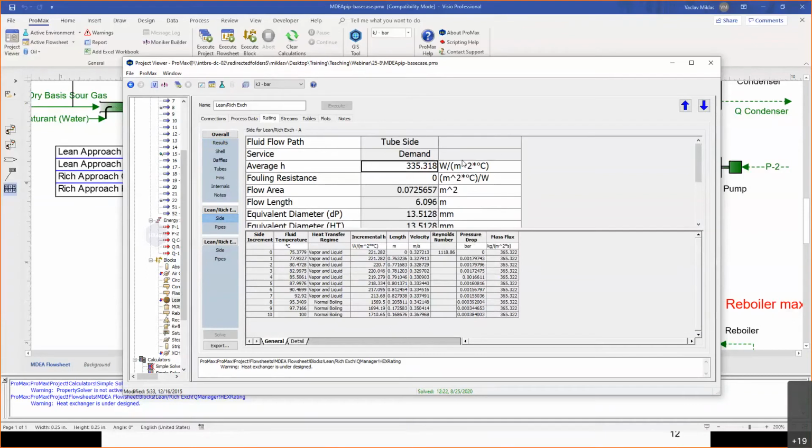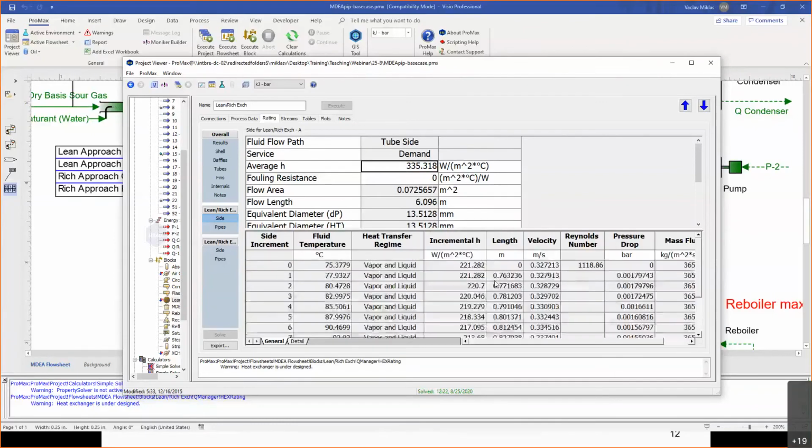So this is the limiting side for us. And here you can clearly see why. If we take a look in this table at the velocities and Reynolds numbers in the tube side, you will see that there's simply not enough turbulence to have reasonable heat transfer. And we would like to increase velocity here.